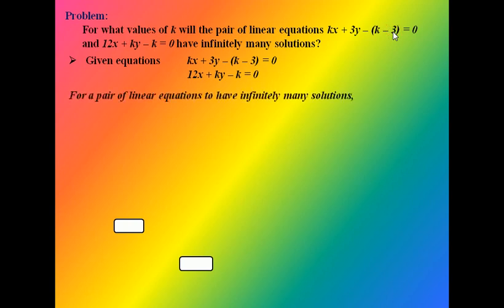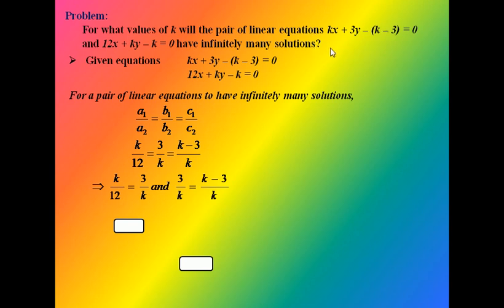For a pair of linear equations to have infinitely many solutions, the condition is a1 by a2 is equal to b1 by b2 is equal to c1 by c2. That is, k by 12 is equal to 3 by k is equal to k minus 3 by k.